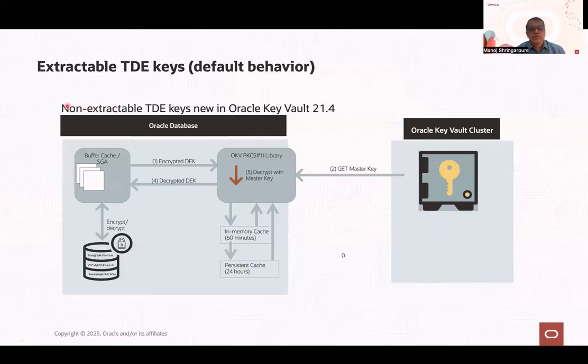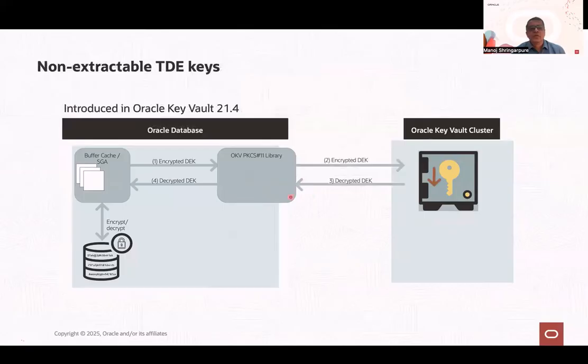Here we also have something known as an extractable key, and we have introduced something known as a non-extractable key. In cases where you don't want the master key to leave the boundary of the key vault, we could set up a non-extractable key where the master key resides and doesn't leave the boundary of the key vault.